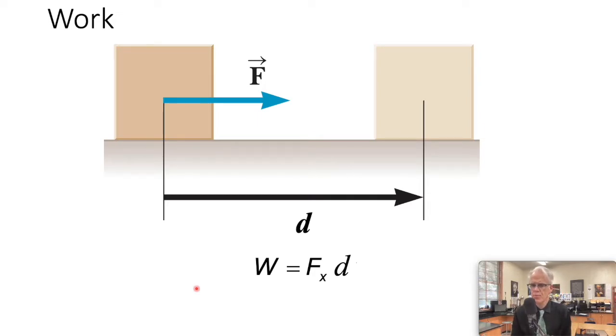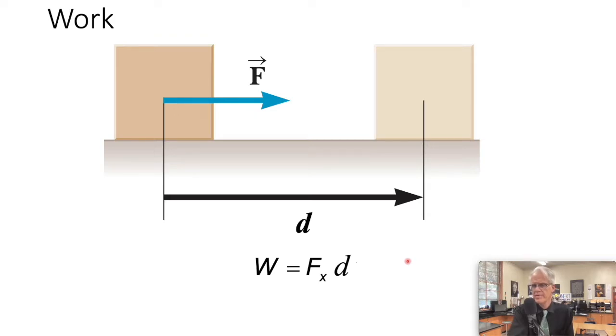In physics, work is done only if an object is moved through some displacement by a force. And work will be the force times that displacement. You might be tempted to think of work as force times d, where F is the magnitude of the force acting on the object, and d is the magnitude of the displacement.